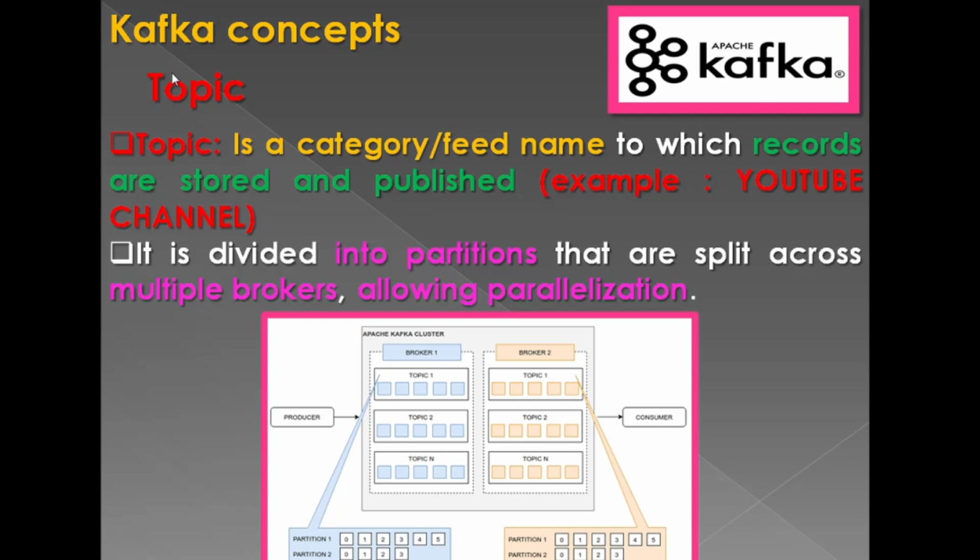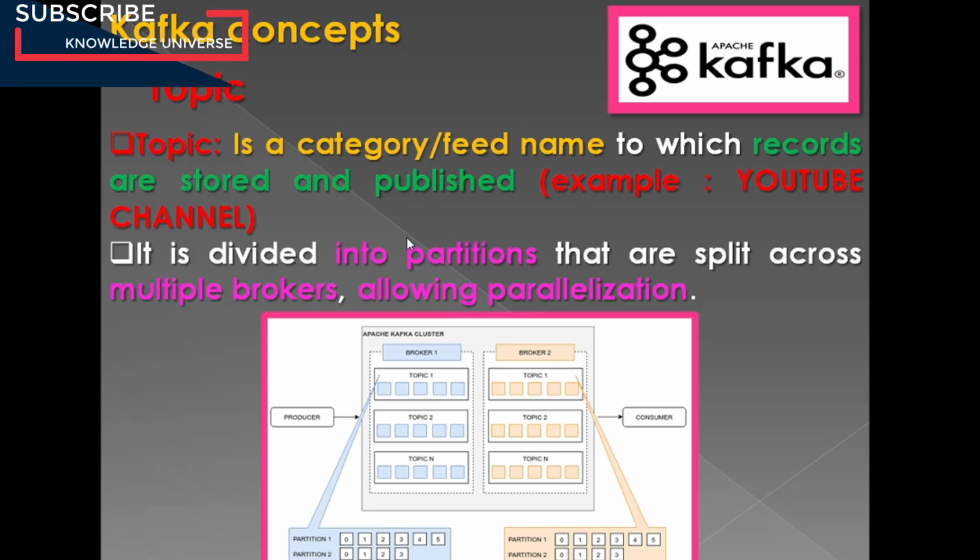The second Kafka concept is topic. In the Kafka framework, a topic is a category or feed name to which records are stored and published. For example, we can imagine your YouTube channel or any YouTube channel as a topic. A topic is divided into partitions that are split across multiple brokers, allowing us to process many topics.